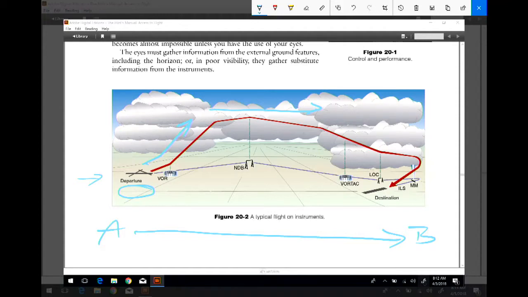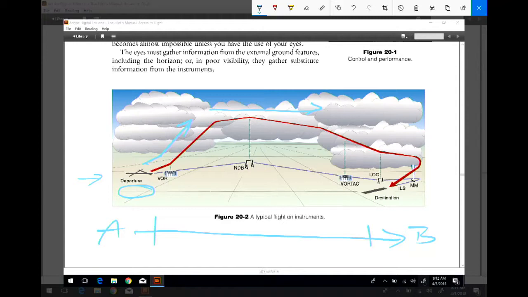And the en route segment, that's going to be by far the largest segment in a cross-country flight here. You may have this whole entire segment right through here. That portion could be our en route segment, and it's going to be the longest.